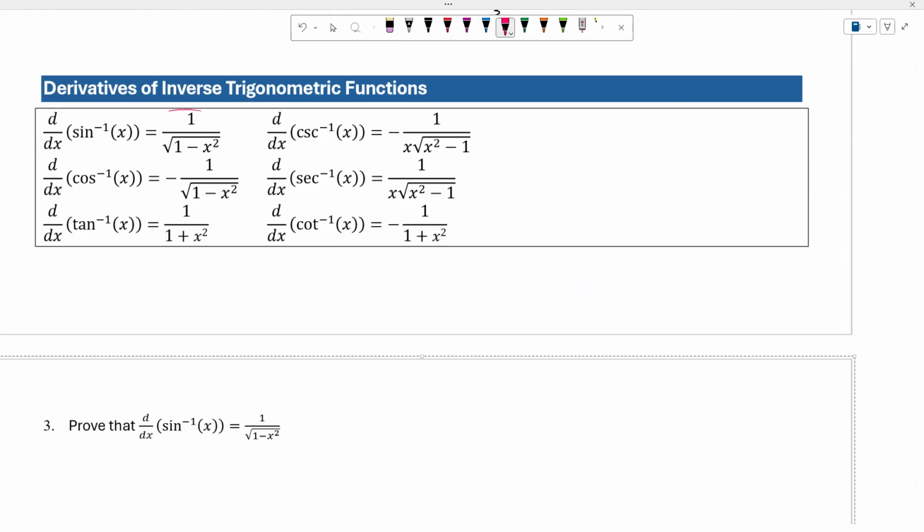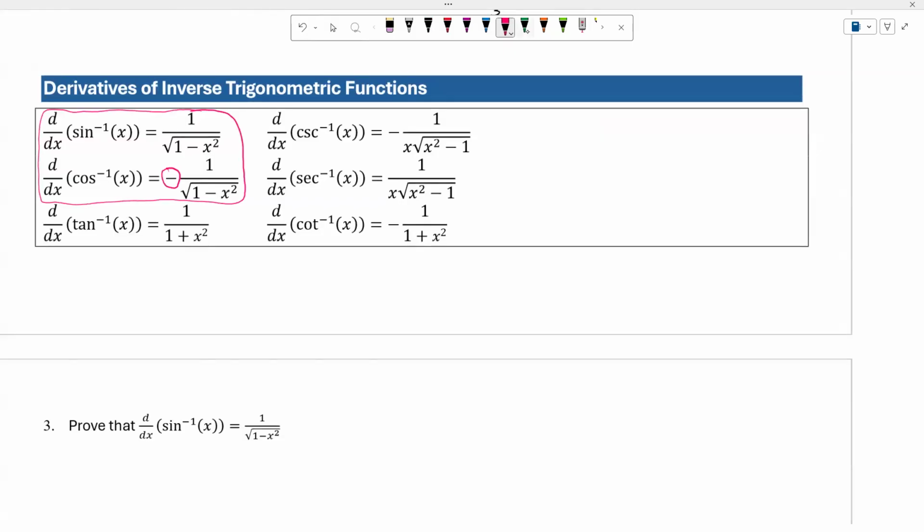You will see that the derivatives of sine inverse and cosine inverse are really similar. The difference is when we take the derivative of cosine inverse, we carry the negative sign.